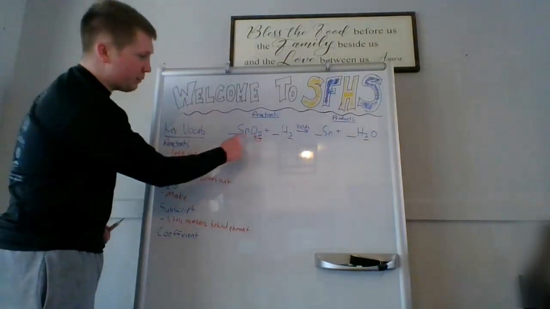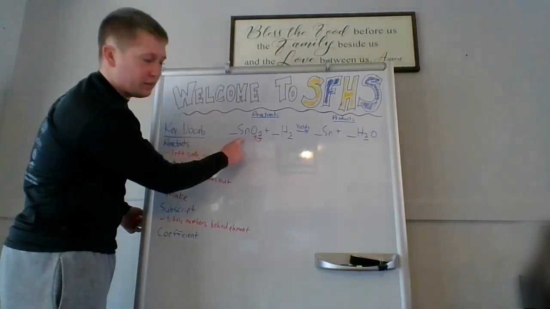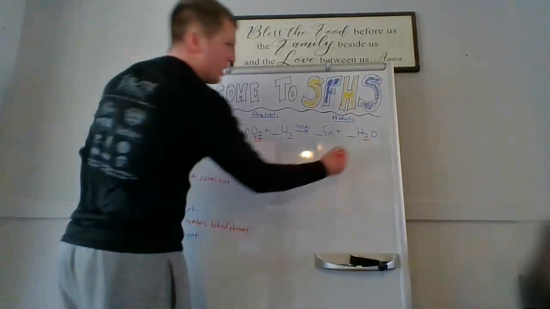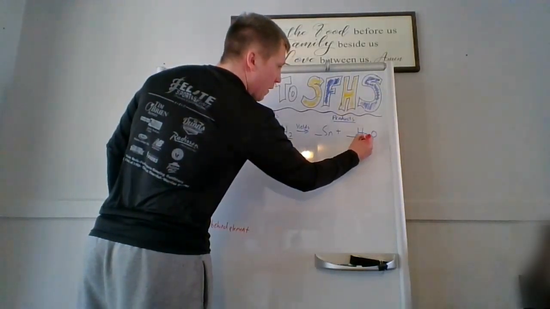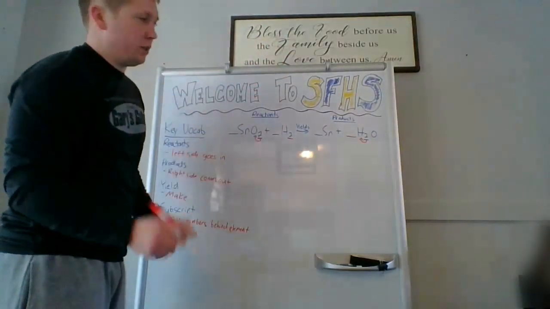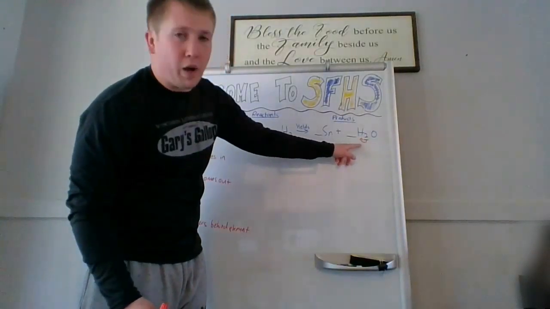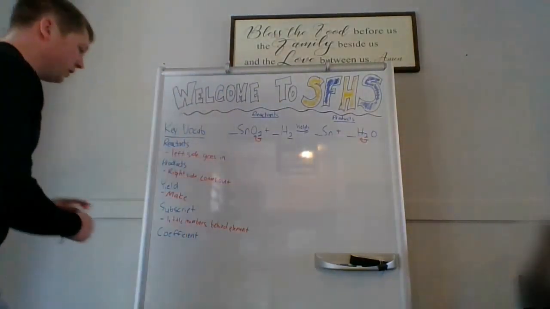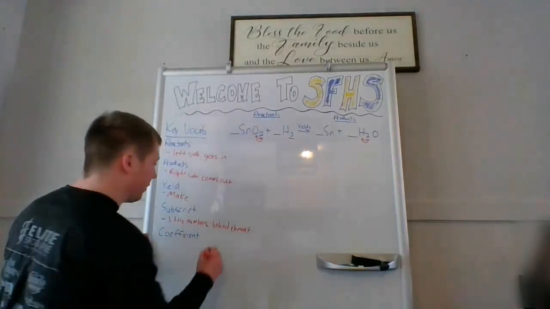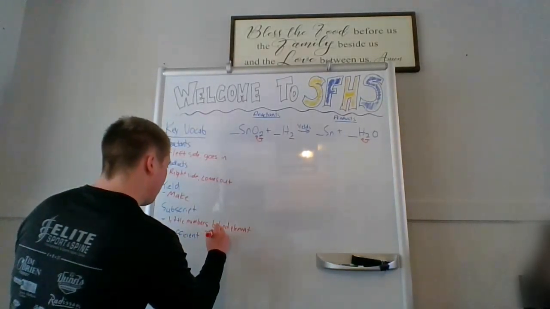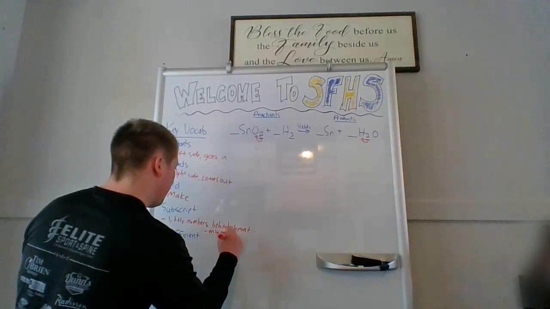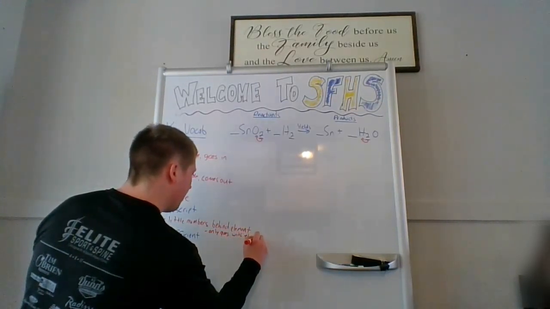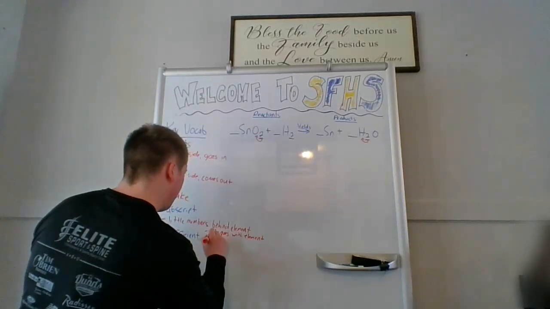It does not mean that there are 2 Sn's. It only goes with the element in front of it. Same here. This 2 right here only goes with the hydrogen. So right here there's 2 hydrogen atoms and 1 oxygen.